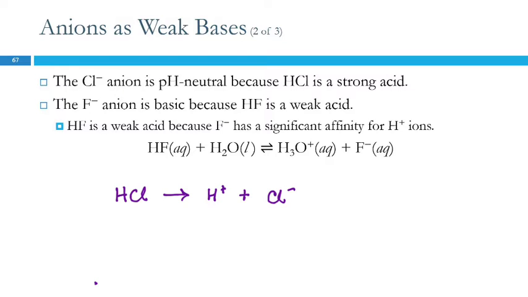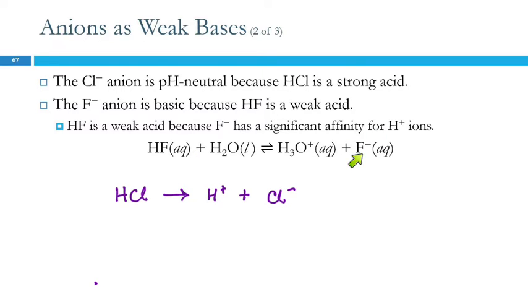It's done. Here's the weak acid. It ionizes partially. So it's going to make H3O plus or H plus and fluoride ion, but it's not all going to do that. We have the equilibrium arrow, and this you can go either way.